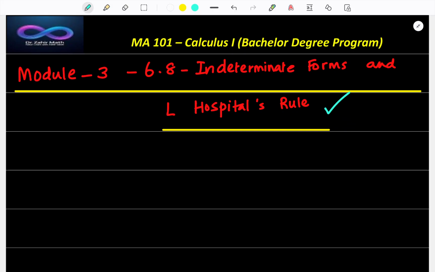But most English writing people write it as L'Hospital rule. Both seem to be correct, but that is not so important, okay? Don't worry about the spelling. Focus on understanding how to use the rule to solve limits of type 0 by 0 or infinity by infinity.